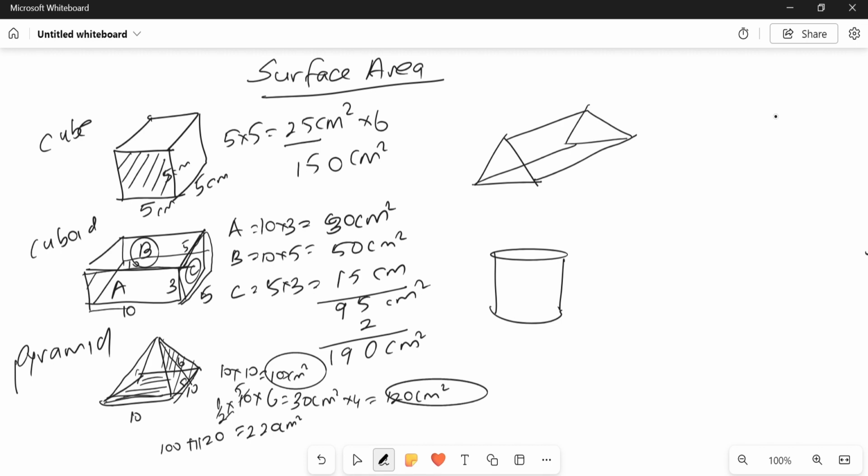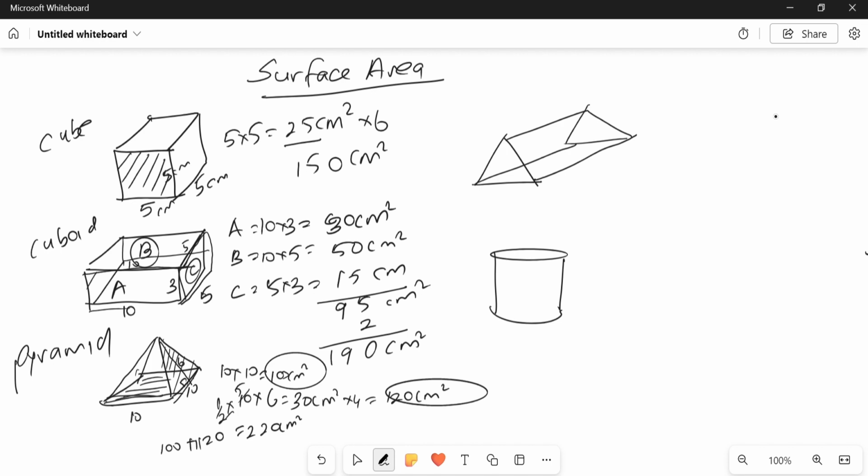I am again telling you, if you want to find the surface area of a square base pyramid, first find the base. Base is a square, 10 into 10, 100. And find the area of a triangle. The base is 10, height is 6, given. Therefore, we can find the area of the triangle, half into base into height, that is 30 centimeters squared.